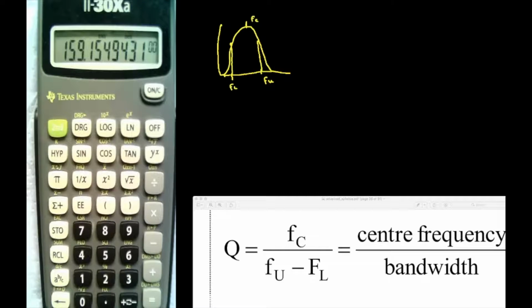So if we had 500 kilohertz FC, and let's make this a really good filter, the lower frequency FL at the 3 dB point is 490, and the upper frequency is, to make it symmetrical, 510 kilohertz.